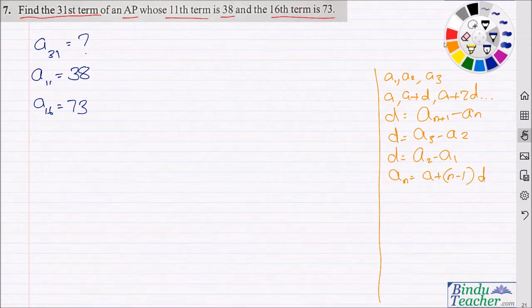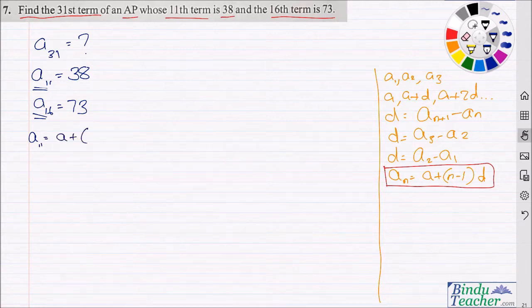So coming back to the question, we have a of 11 and a of 16. Let's use this last formula. We have a of 11 equals a plus n minus 1 into d.